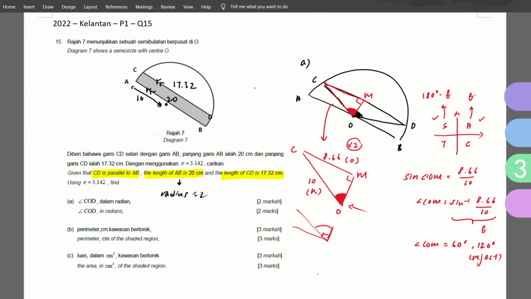Take note that we are now calculating COD, so since COM is 60, we need to multiply by 2 and change it to radians because the question requires it. Multiply by pi over 180 and you will get 2.0947 radians. Make sure you put it in four decimal places.